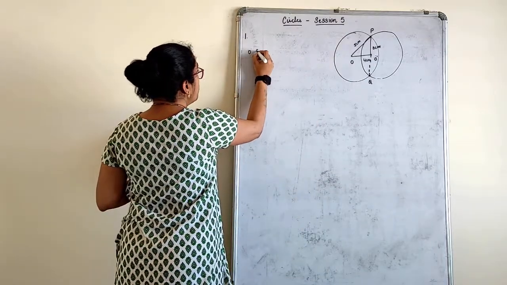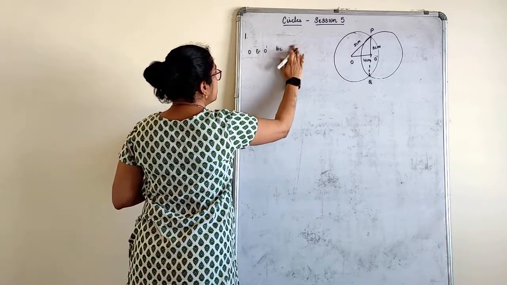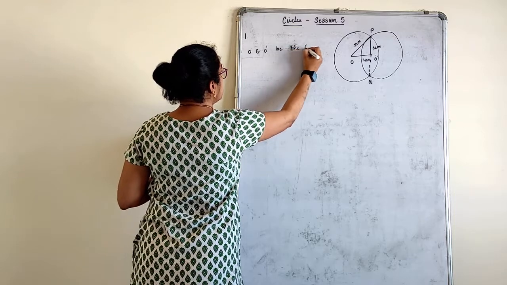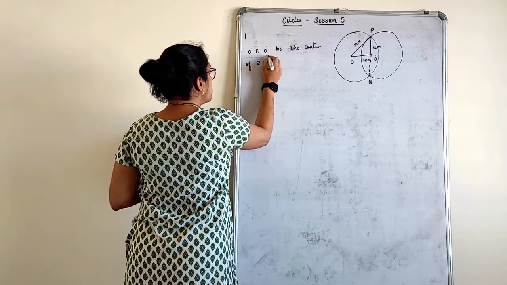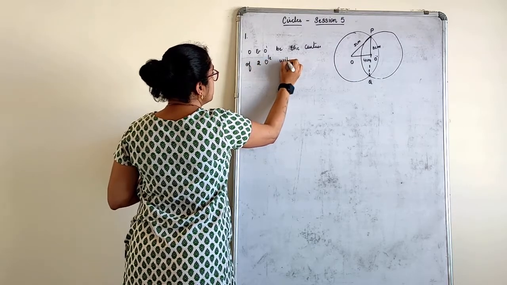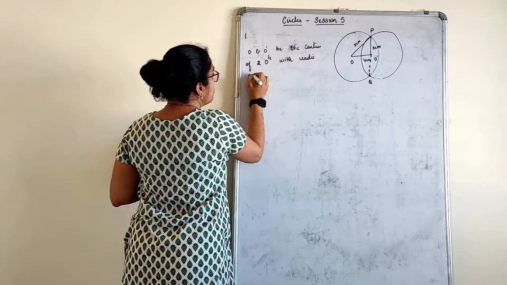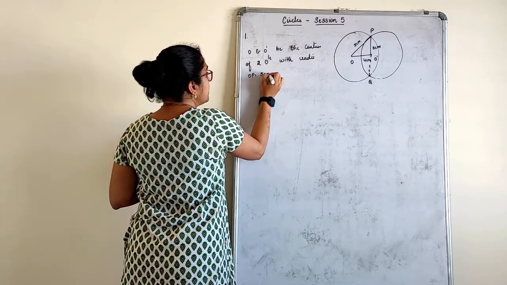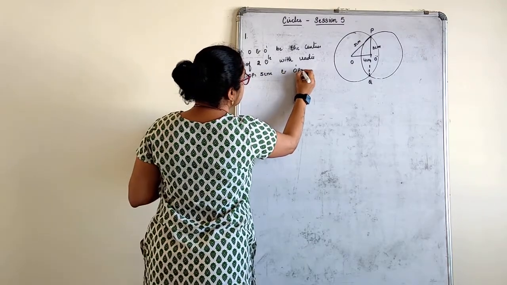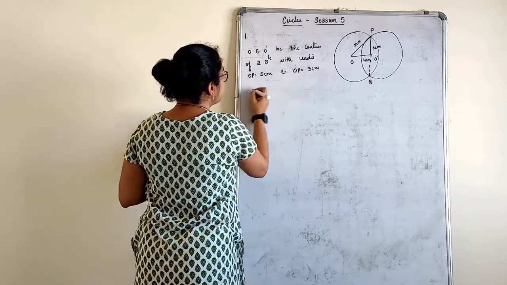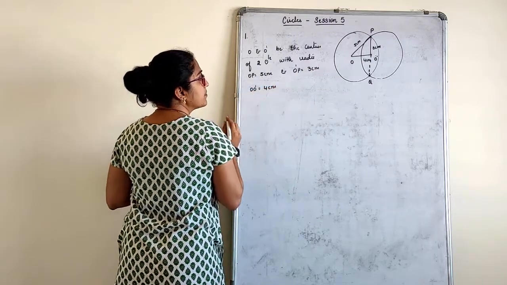So O and O dash be the centers of two circles with radii OP is equal to 5 cm and O dash P is equal to 3 cm. OO dash is equal to 4 cm, right?